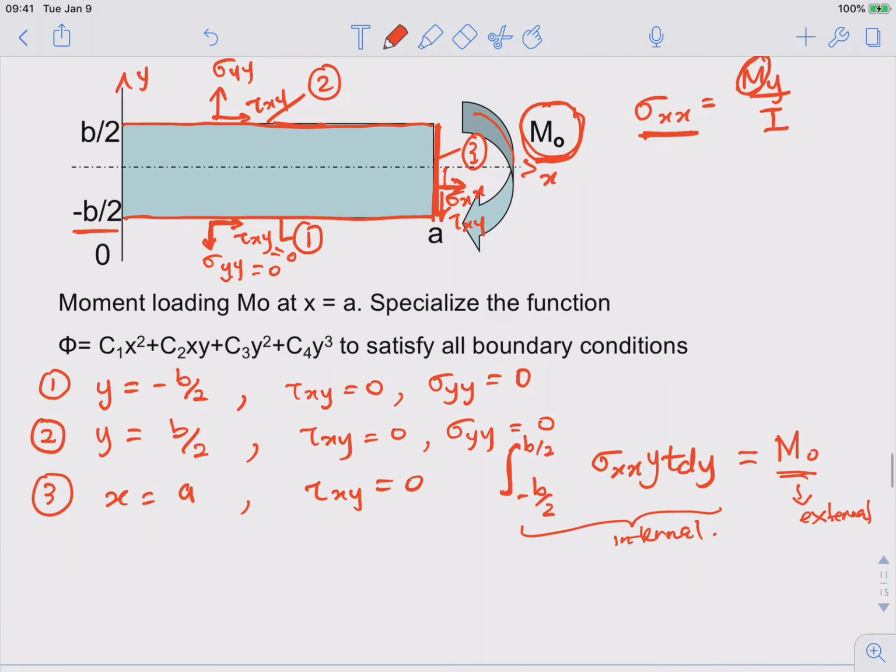Now I wrote one more term, boundary condition, and that is a force boundary condition. So minus b over 2, if I integrate my force, which is sigma xx t dy, I should get the external force. But we do know that there's no external force applied, it's only an external moment.